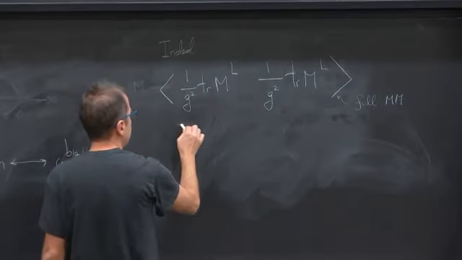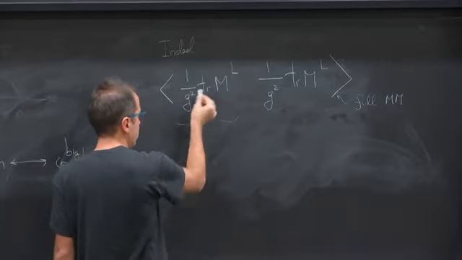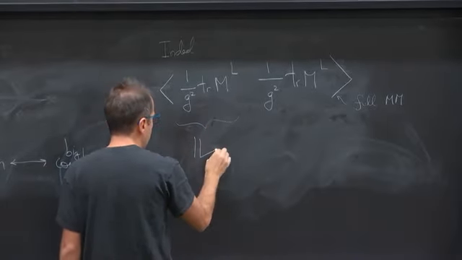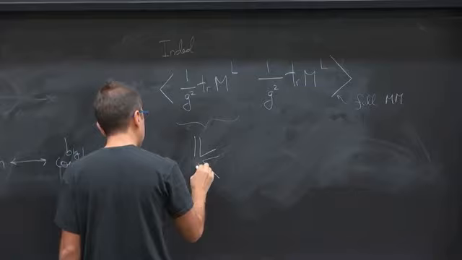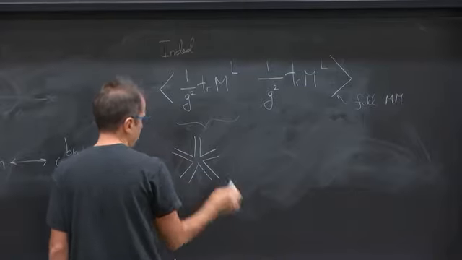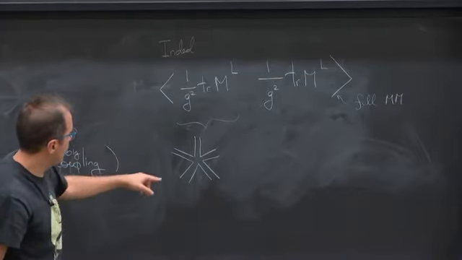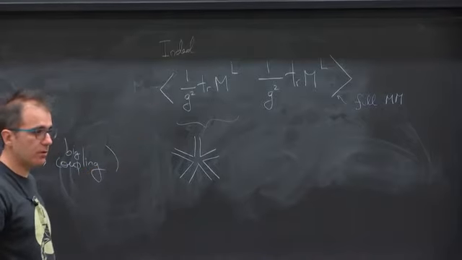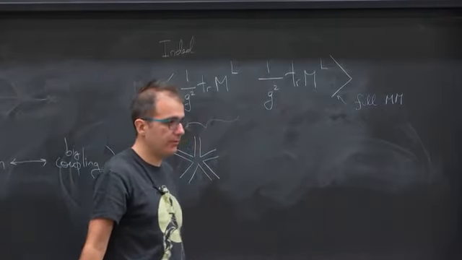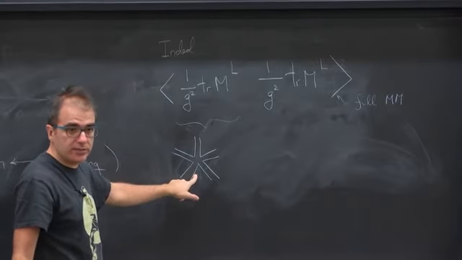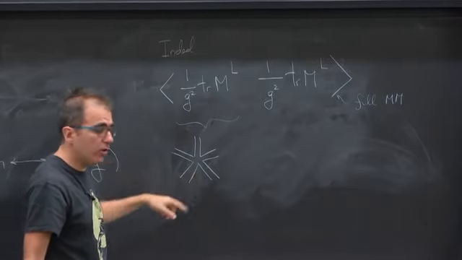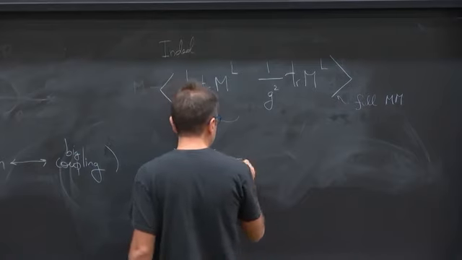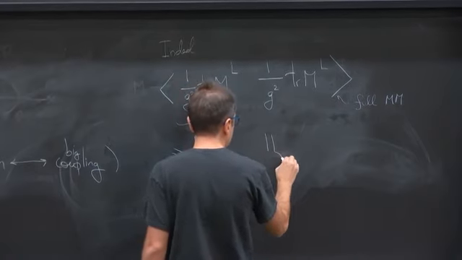Now let's first spend a few seconds drawing this graph here. We drew it last time and we drew it like this. But let me draw it in a few equivalent ways, and then we'll pick our favorite to say that this looks like a string propagating from one point to another. So this is one way of drawing this, that you follow the indices. If all you care about is following the indices, you can draw it like this as well.